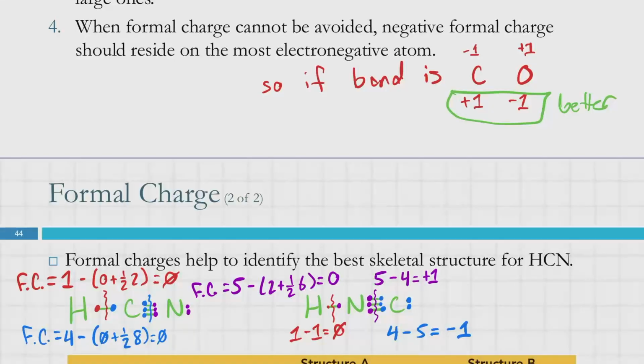And we can see that we've got the -1, the +1, those will cancel each other out. So overall, this HNC is still going to be neutral. So we haven't broken any formal charge rules. If we had to choose between the one on the left, the one on the right, we've got formal charges of 0 on the left. That is going to be better than the structure here on the right.